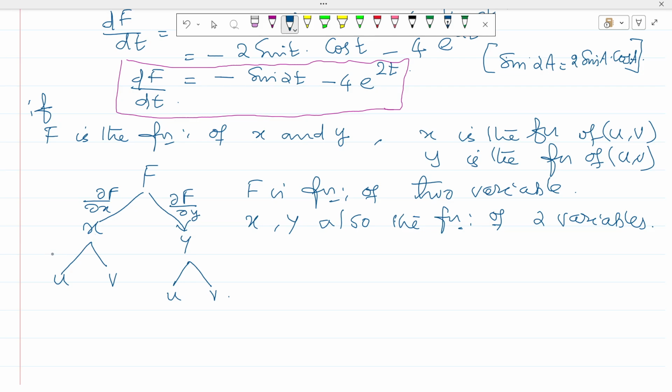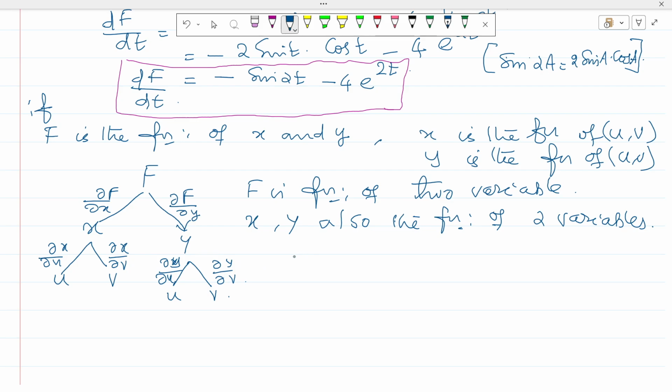And then here we can do dou x by dou u, dou x by dou v. Dou y by dou u, dou y by dou v is possible. Is it not? So if you multiply these, then what do you get?